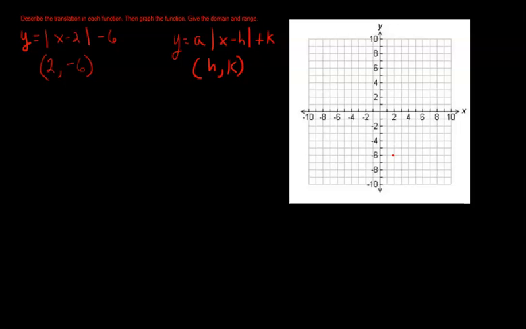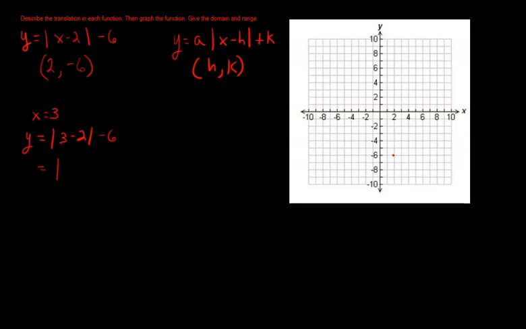So either picking the value 1 or 3. Right, so picking an x value of 1 or 3. If we picked x equals 3 and we substitute that in, we get y equals the absolute value of 3 minus 2. So we're putting in 3 in x's place, minus 6. 3 minus 2 is 1.